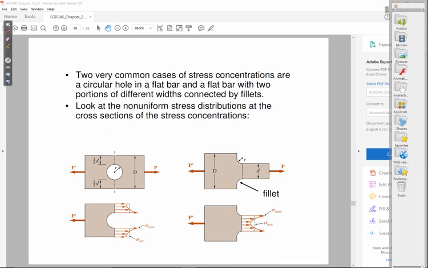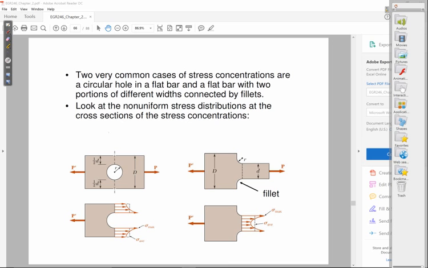what they predicted based on P over A. Right? So based on P over A, you would say, well, I just take my sigma ultimate and multiply by the area of the smaller section, right? And that'll tell me how much force I could apply. However, you could actually apply a force that's much smaller than that. And the reason, again, is the stress concentrations.